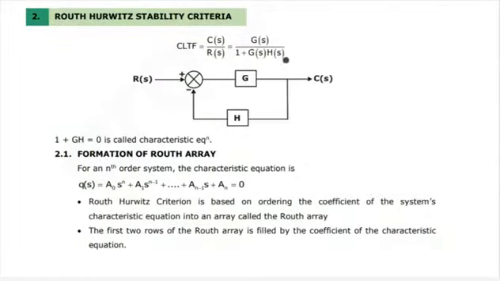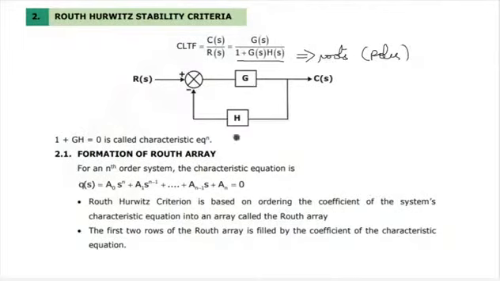So you need to solve 1 plus G(s)H(s) and then find the roots, which are called the poles. By looking at the poles, we can decide whether it is completely stable, conditionally stable or unstable, right?